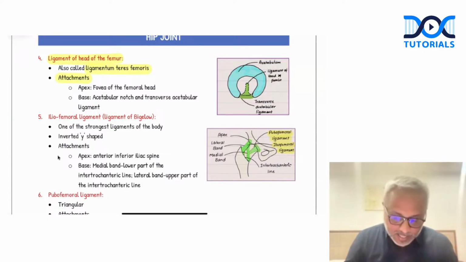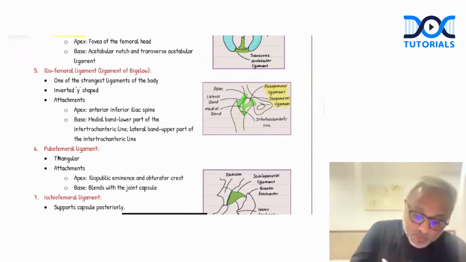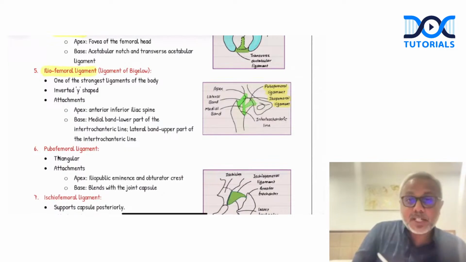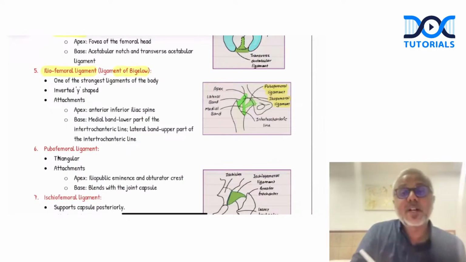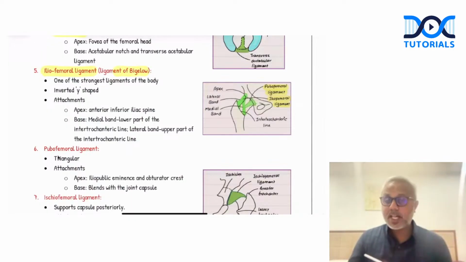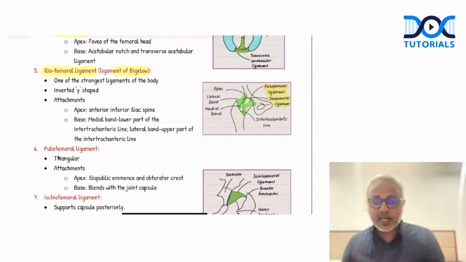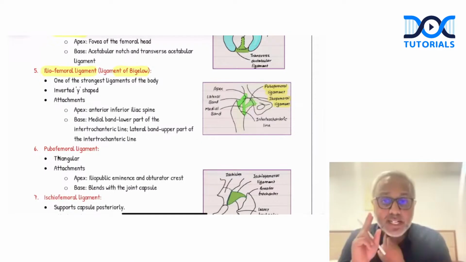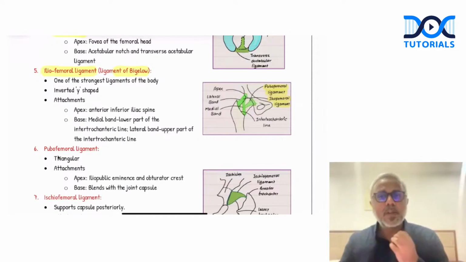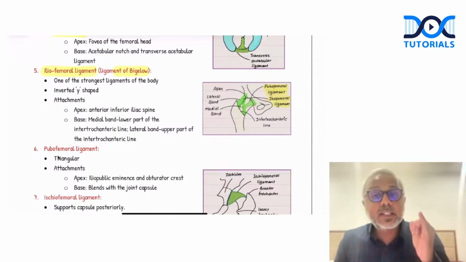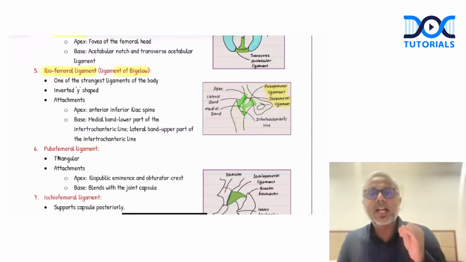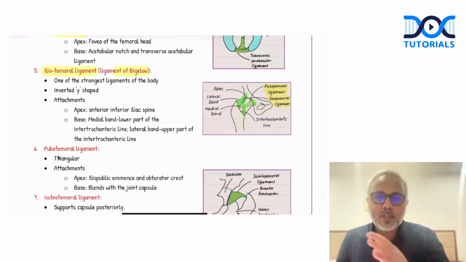Done. Next, the strongest ligament of the hip joint is the iliofemoral ligament, also called as the ligament of Bigelow, right? Now, this iliofemoral ligament you must show in the diagram. So, one diagram for joint capsule, one diagram for the transverse acetabular ligament, and in that only we can show the ligament of head of the femur.